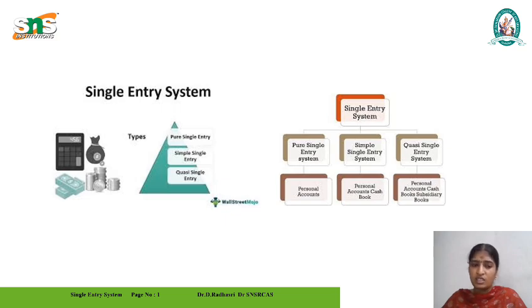The single entry system is calculated for the personal accounts. In the personal accounts, the cash book and subsidiary books are added. In this way such categories take place by the single entry system.